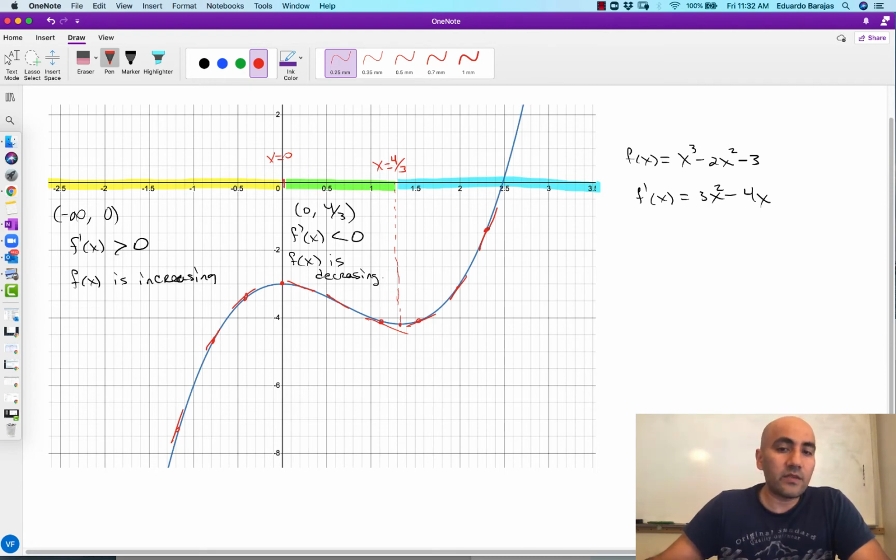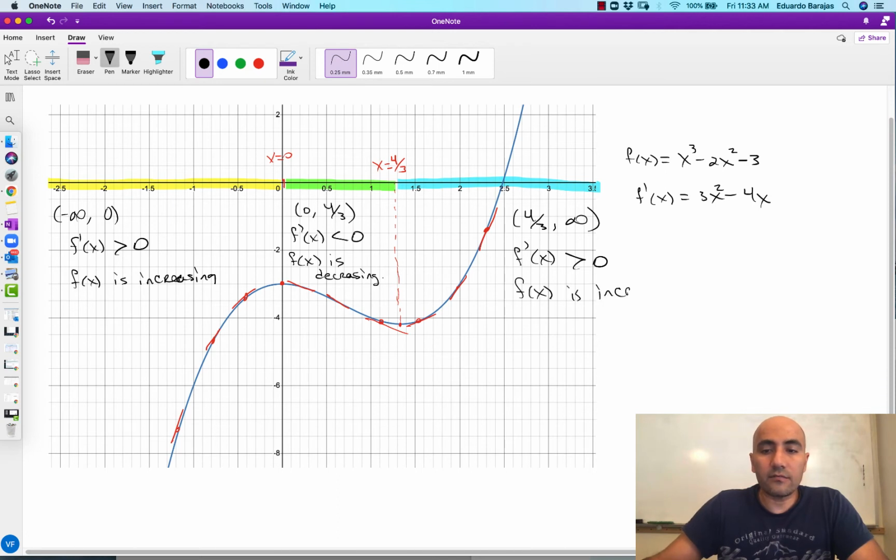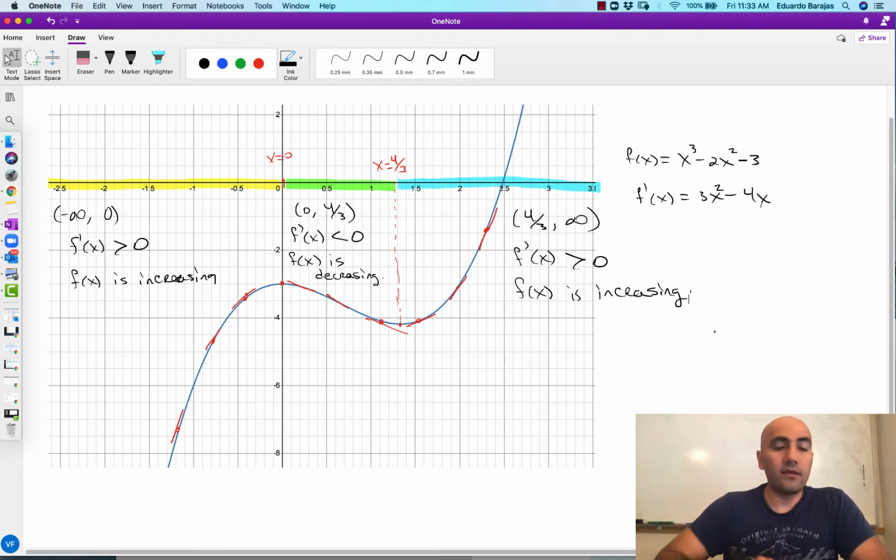Sometimes a small positive, sometimes a really big positive, but they're all positive on that interval. So on the interval from 4/3 to positive infinity, we can confirm that the first derivative is going to be greater than 0. Sometimes a small positive, sometimes a really big positive, but always positive. And so the underlying function f of x is increasing. Good. And that matches up with the work we had a little bit ago.